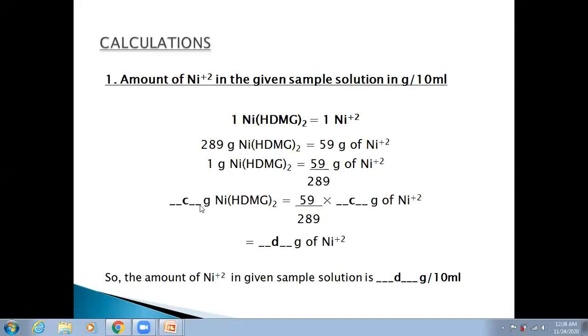We have C grams of nickel DMG complex, then C grams of nickel DMG complex is equal to 59 divided by 289 multiplied by C. If you multiply and divide all these values, suppose the answer is D, and this D is actually gram of nickel present in 10 ml of sample solution. We can write this in the form of a sentence. So the amount of nickel in the given sample solution is D gram per 10 ml.